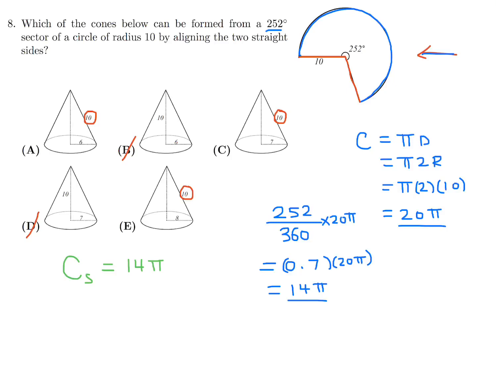And this will allow us to figure out the radius. How do you figure out circumference in terms of a formula? It's pi times 2r, and that's 14 pi. The pi's cancel, and you're left with 2r is equal to 14, and therefore r is equal to 7. So 7 is the radius of that smaller circle. So which one of these has 7 listed? It's this one right here. So the answer to number 8 is C.